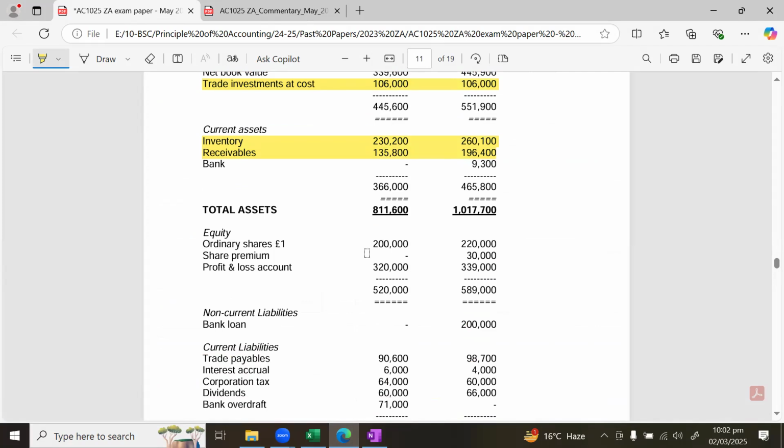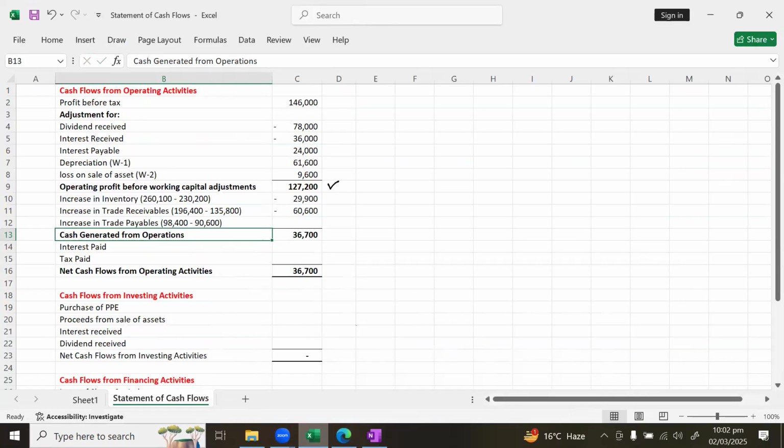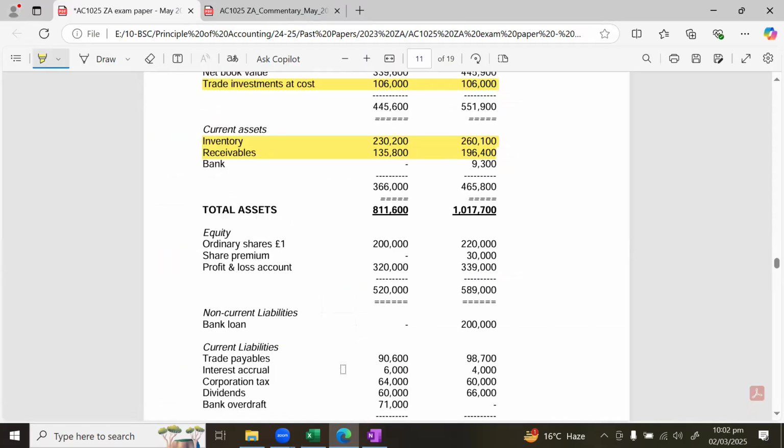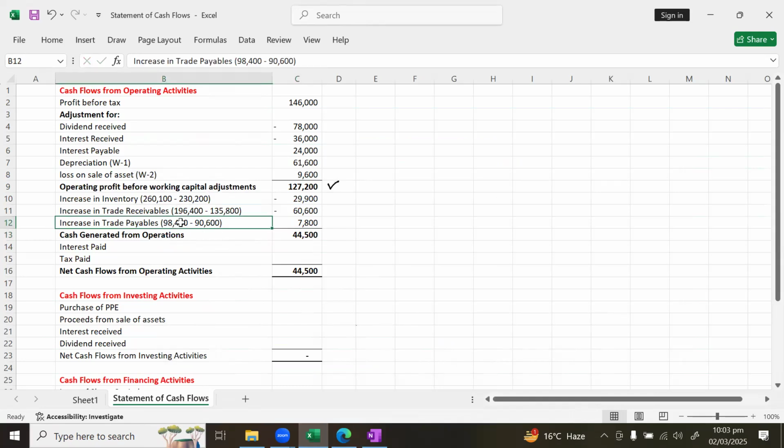Sorry, increase in payables, so it will be a positive figure. I think we made a mistake: payables this year are 98,700.